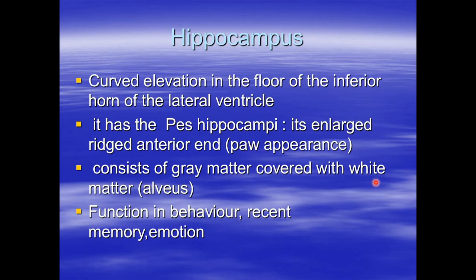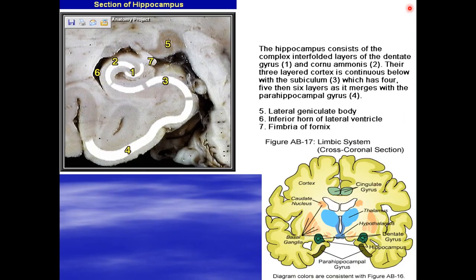and emotions. So this is a section through the temporal lobe of the cerebral hemisphere, and we can see here this layer of gray matter with an underlying layer of white matter. So first of all, we can see the dentate gyrus, this one, number one, and what's called the cornu ammonis, here, number two, which has, as we said, gray matter cortex.